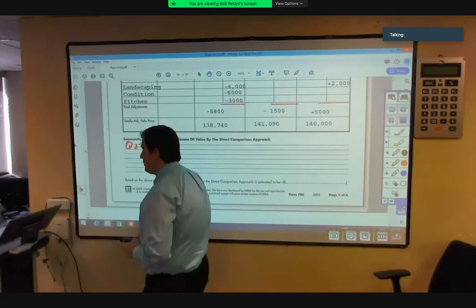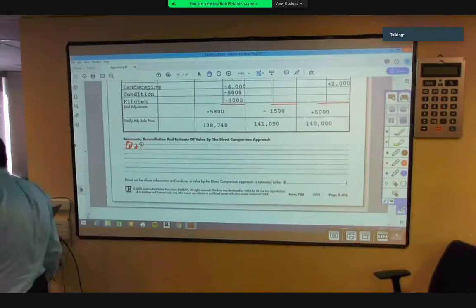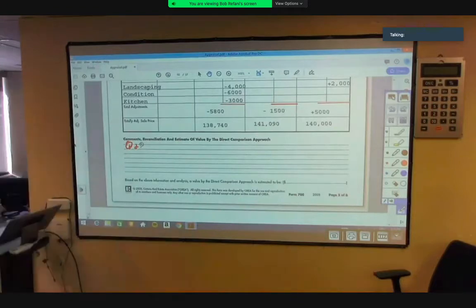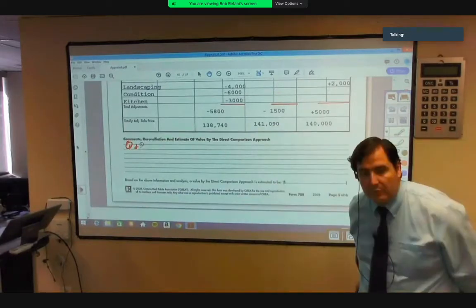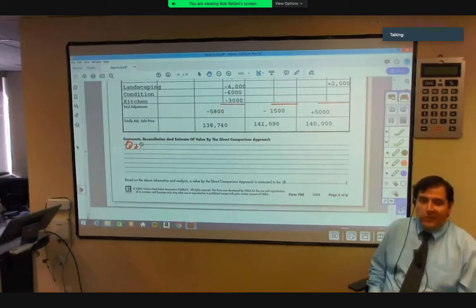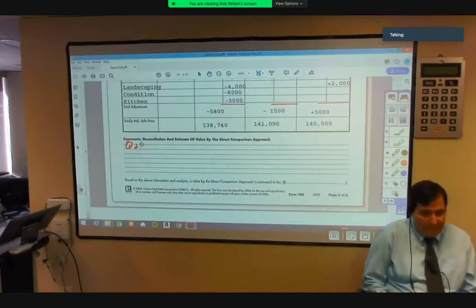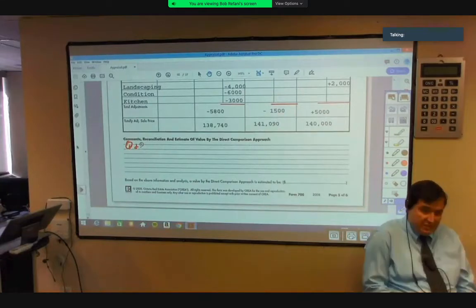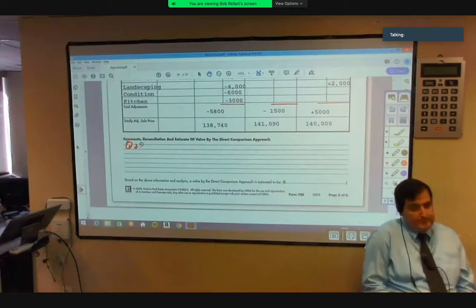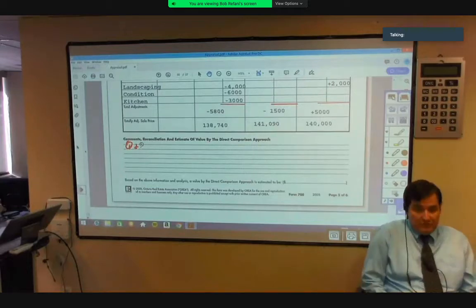What are the totally adjusted sale prices for comparable number 1, 2, and 3? The first one was the time adjusted; this one is the totally adjusted. So that's the second question.